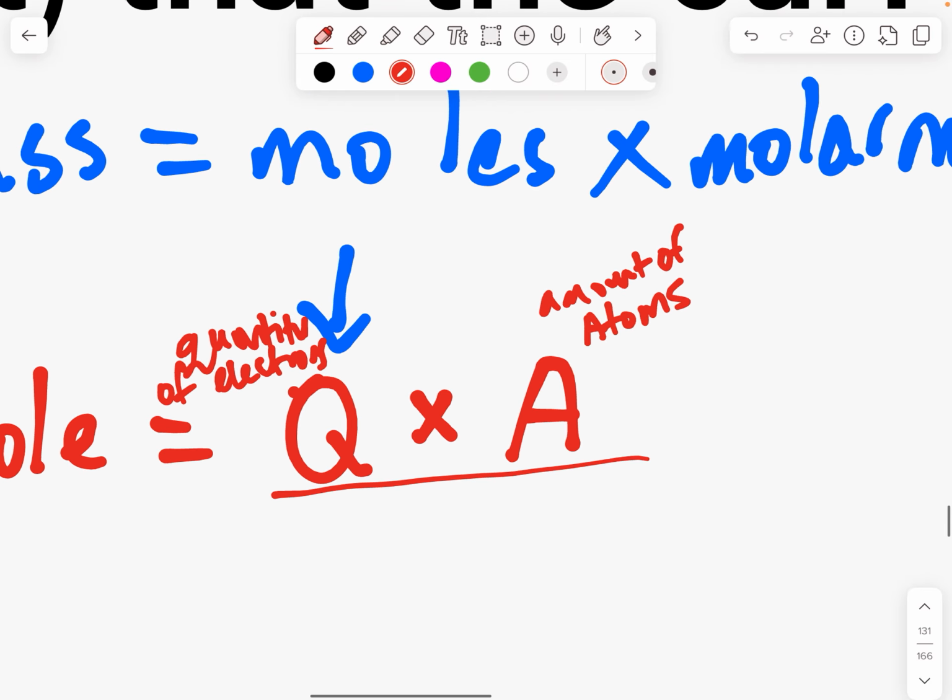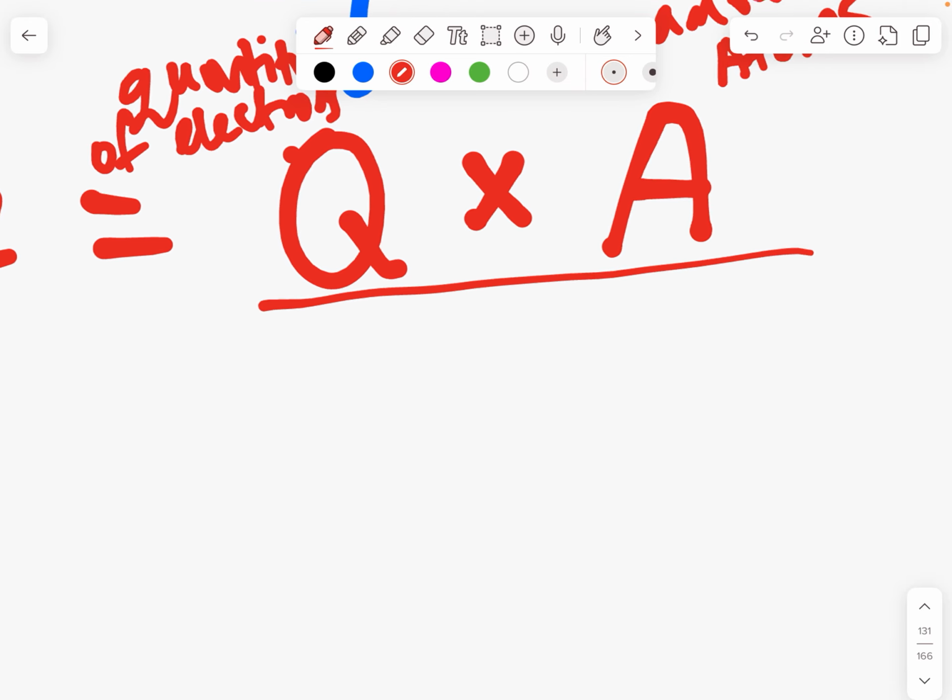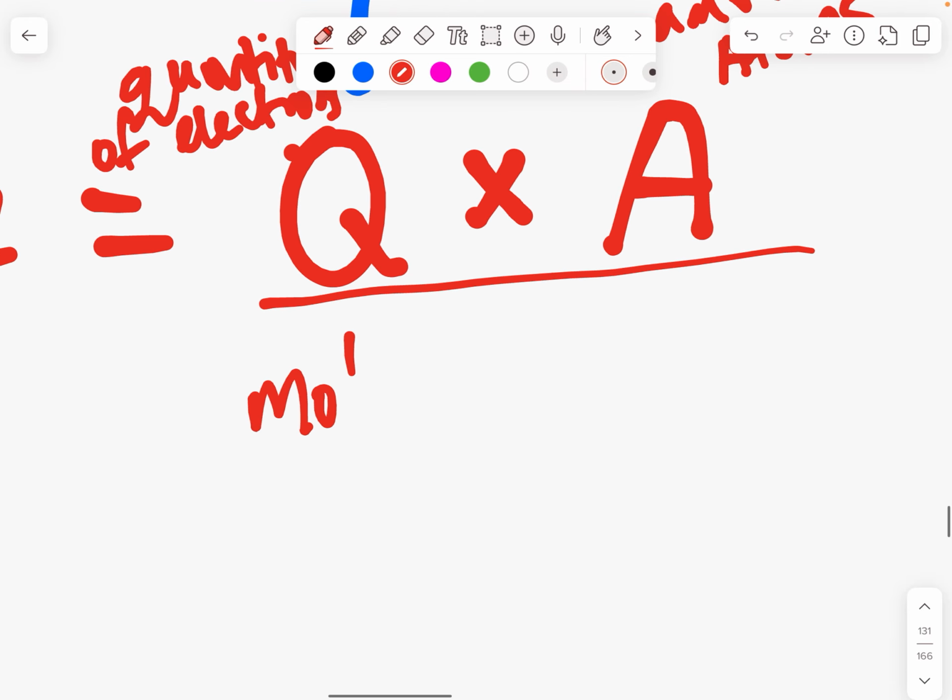Divided by the mole of electrons. See how the electrons come in now? The mole of electrons, the e with a negative at the top, that's electrons right there. So the mole of electrons that actually flow around your circuit times the value of Faraday's constant, which is F, right?